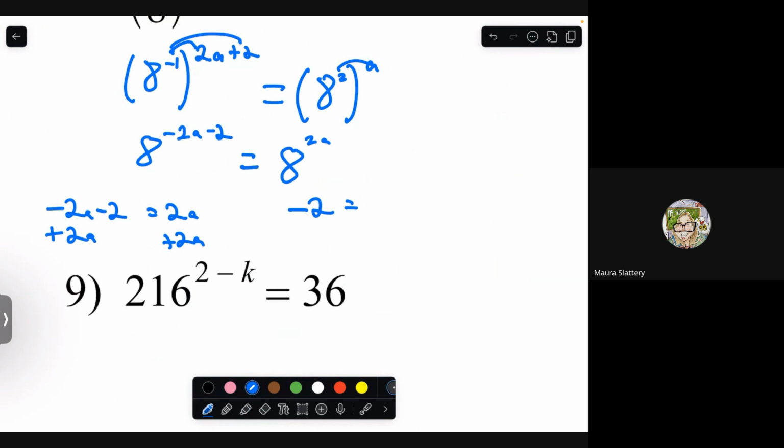So I added 2a to both sides, so I get negative 2 equals 4a. I'm going to divide by 4, and I get that a is equal to negative 2 over 4, which simplifies to negative 1/2.